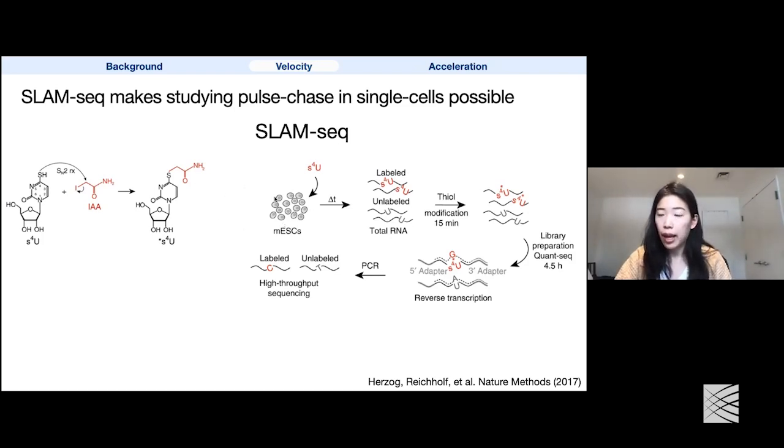At time 0, you incubate your cells with 4SU, which over time will integrate into the newly synthesized RNA after some delta T. And this chemical, IAA, does a thiol modification that causes a carboxyamidomethyl group to be added to the 4SU. This reaction eventually causes Gs to be incorporated instead of As. Where you would expect to see As and Ts, you would actually get Cs and Gs in the cDNA.